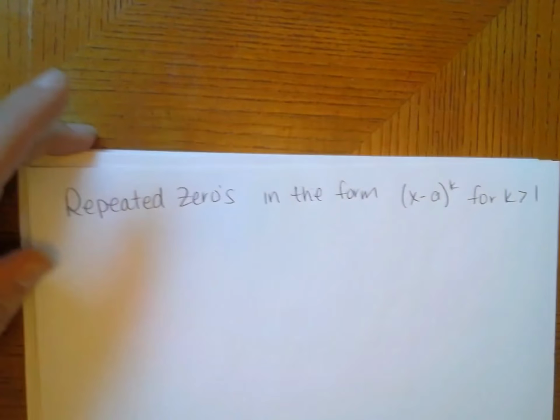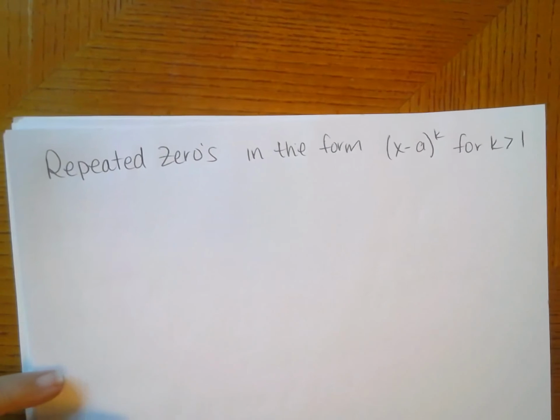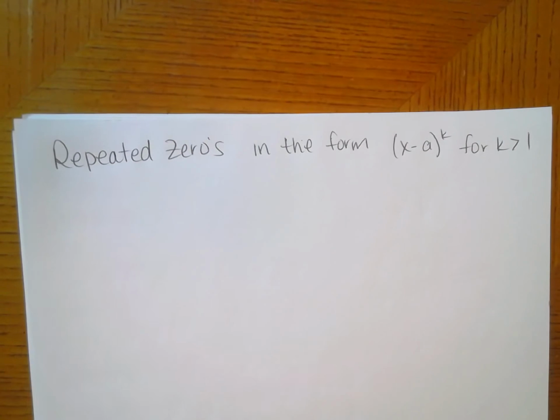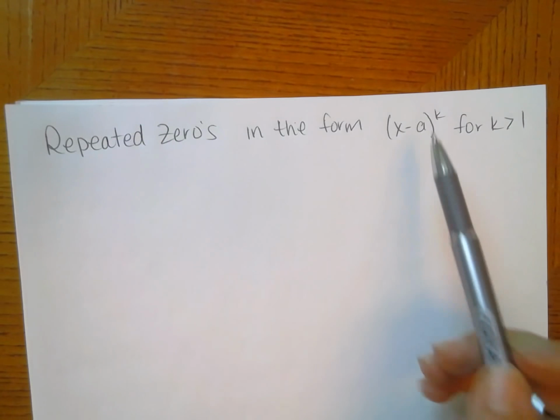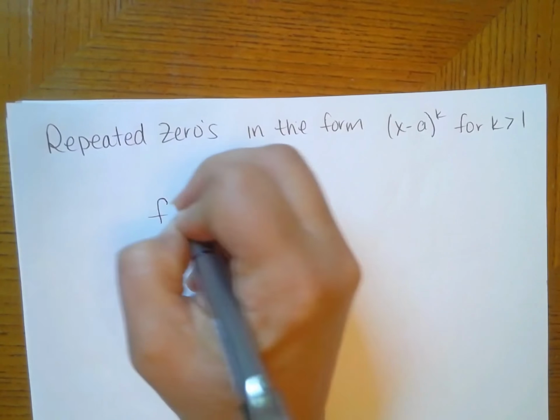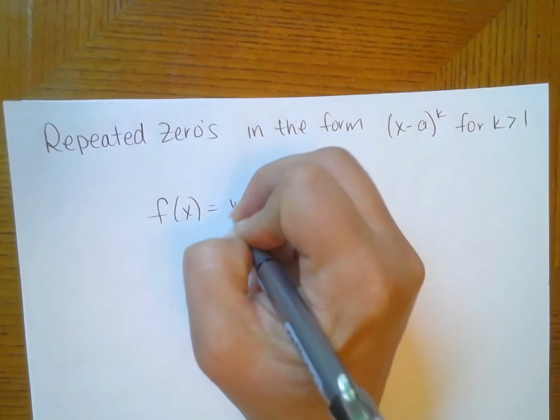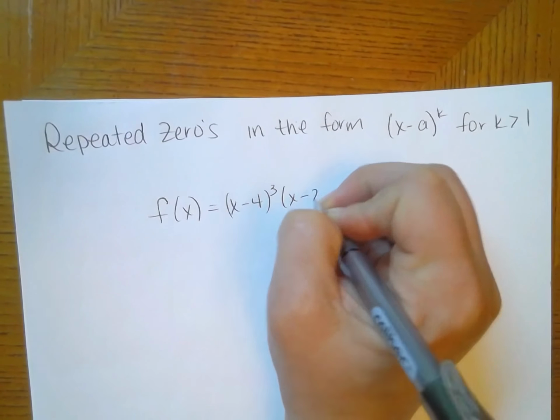All right, once we know that we have some zeros, there's one more thing I want to talk about in this lecture, and these are repeated zeros. You can go on Desmos and play with some of these, but sometimes when we go to factor things, we get repeated zeros. They mean the same factor shows up more than once. So maybe something like f of x equals x minus 4 cubed times x minus 2.